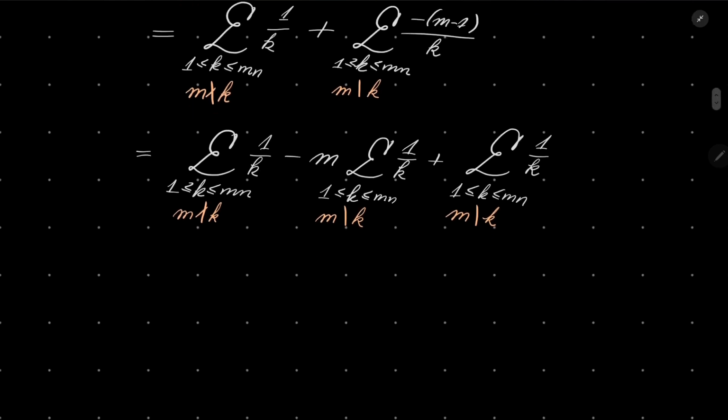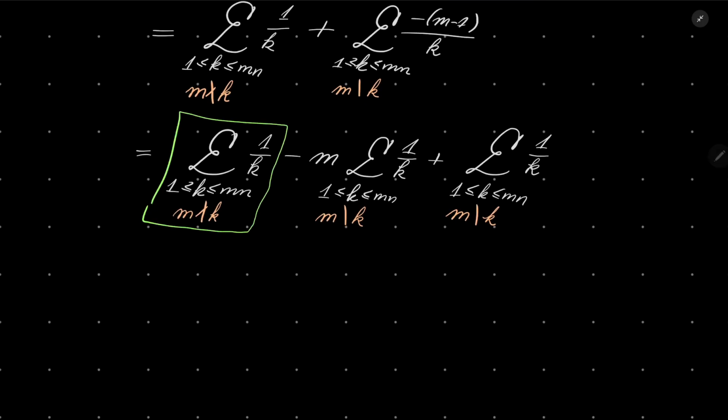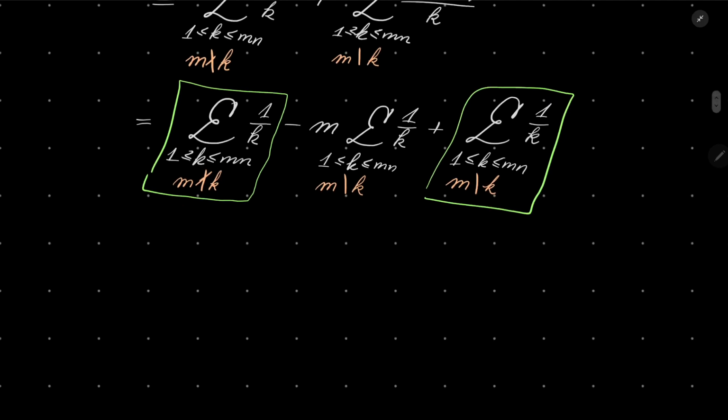And what now? Well, now, again, one simple manipulation. Notice that this sum and this sum, it's again just sum from k equals 1 to mn. Why is that? Well, because either m divides k or m does not divide k. Both cases are covered by one of these two sums.